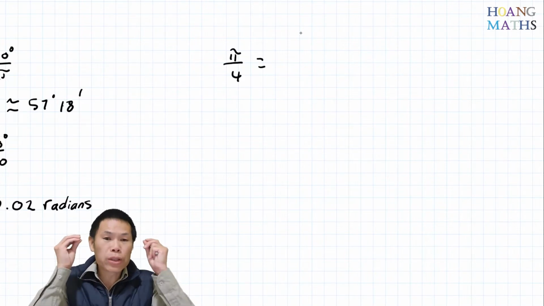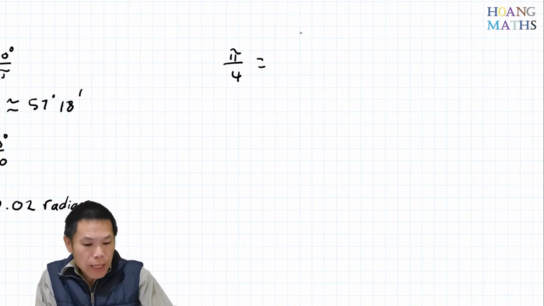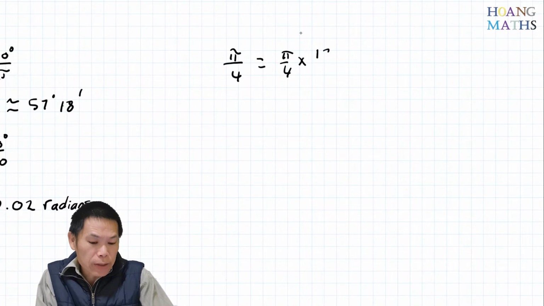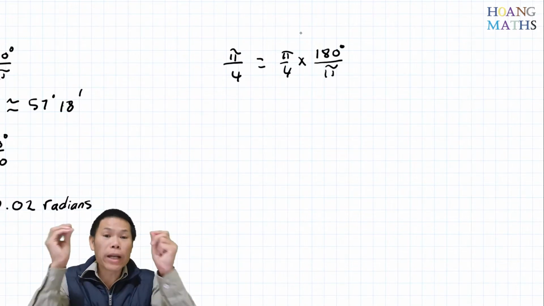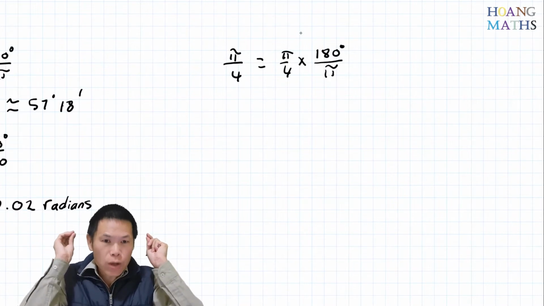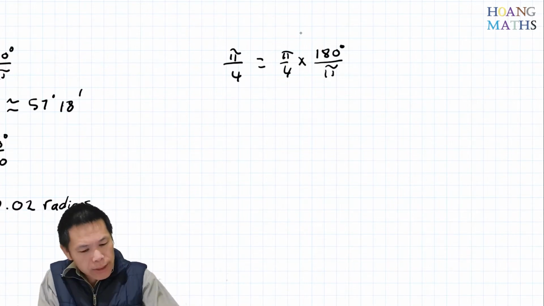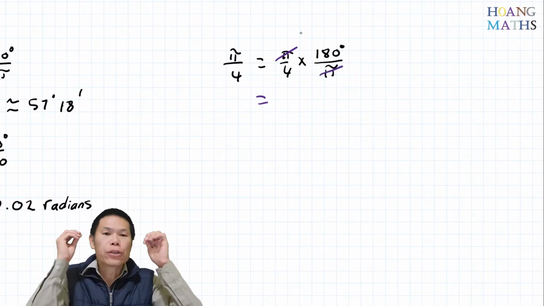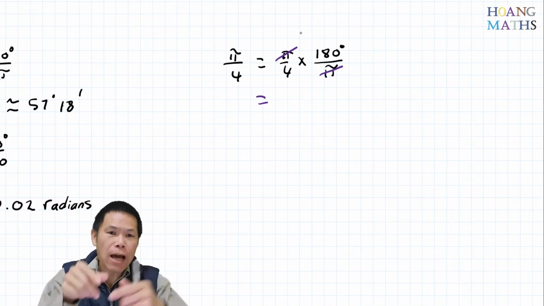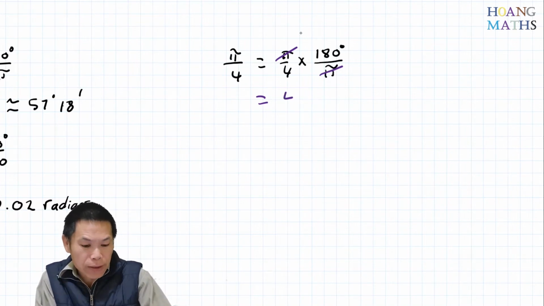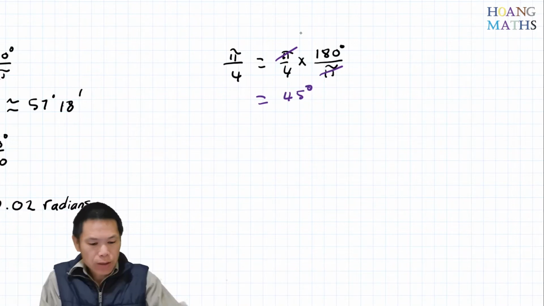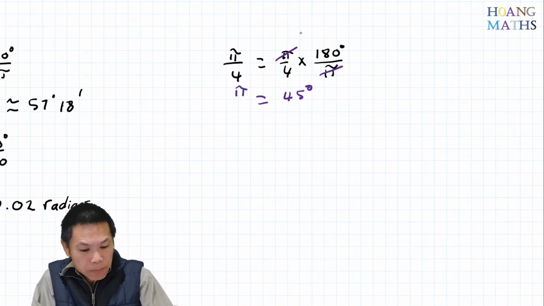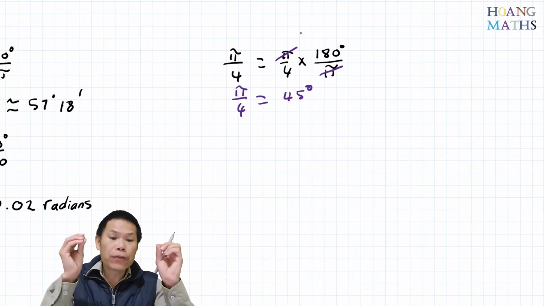I put the degrees on top, so I times by 180 over pi, because 180 degrees is equal to pi. This cancels out, so that gives me 180 divided by 4. Half of 180 is 90 and half of 90 is 45 degrees. There you go. So pi over 4 is 45 degrees.